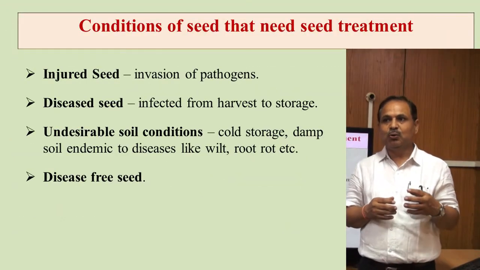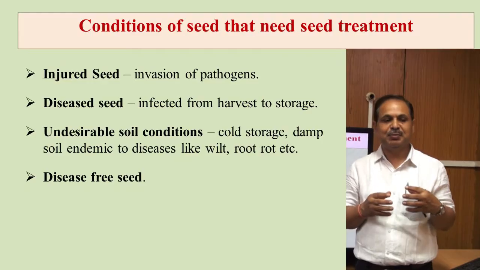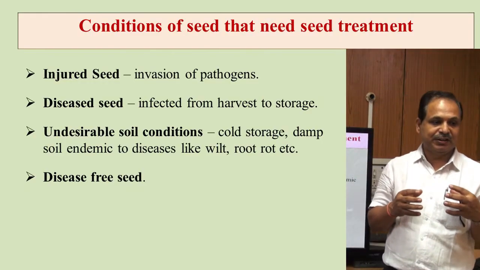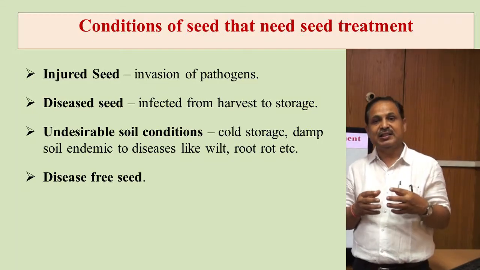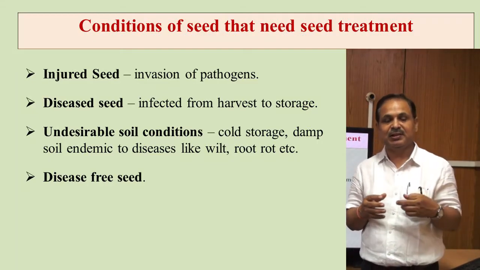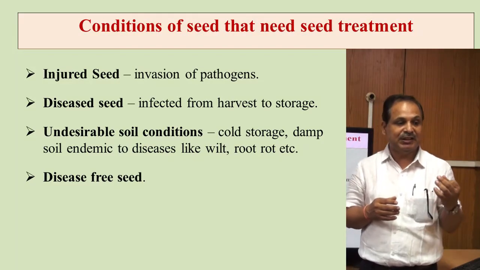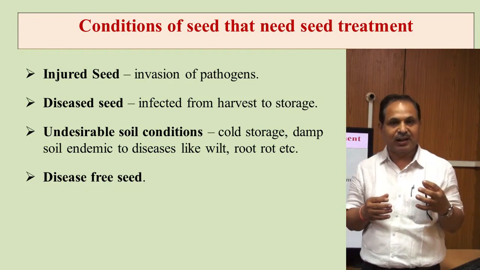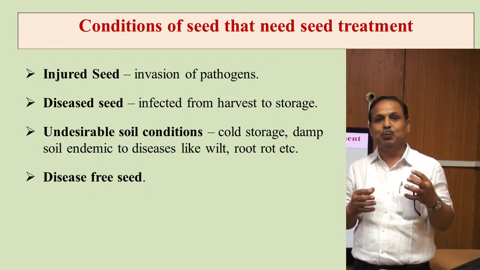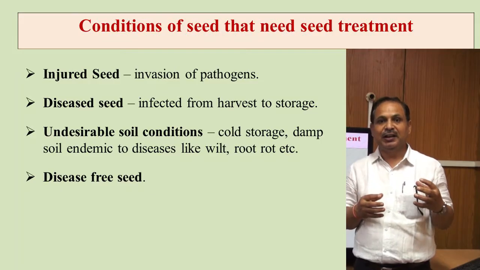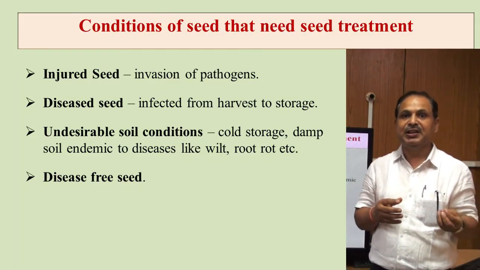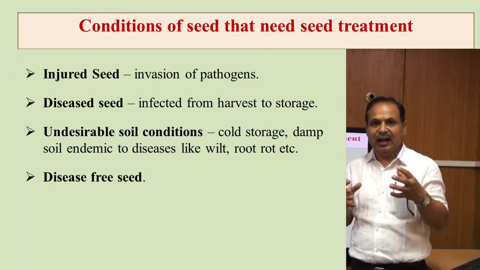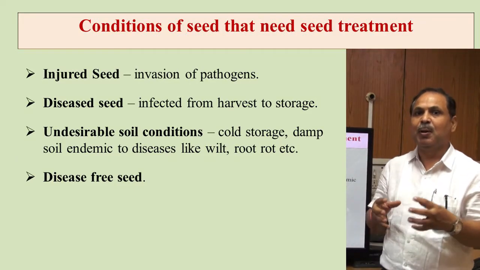Conditions: what are those conditions of seeds which must be treated? There are four types of seed conditions in which it is essential to treat the seeds with chemicals and other materials: injured seeds, diseased seeds, undesirable soil condition, meaning if we have to sow the seeds in a little waterlogged, acidic or saline condition, or other conditions not favorable for proper germination.